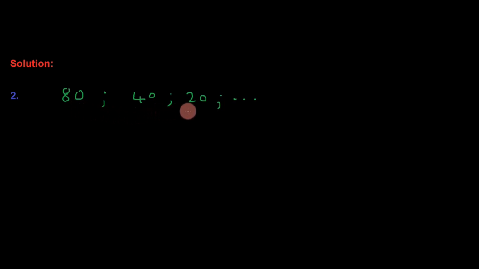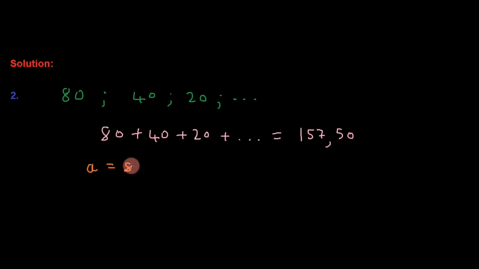Now, all these amounts added up must give 157.5. So we have a geometric series where 80 plus 40 plus 20, etc. must add up to the debt, which is 157.5. We're obviously assuming there's no interest. Now, in this geometric series, we have the first term, A, which is 80.